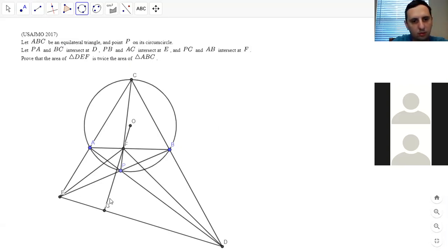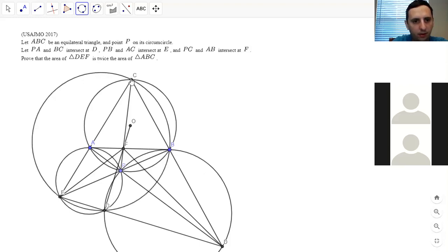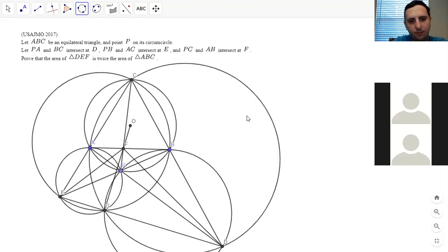So we would have a lot of different cyclic quadrilaterals. And then I think this should be cyclic. I don't know if I need all of these, but I'm just going to draw those two.